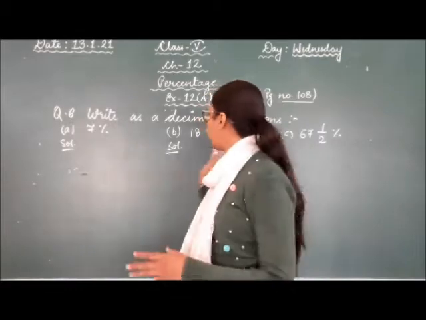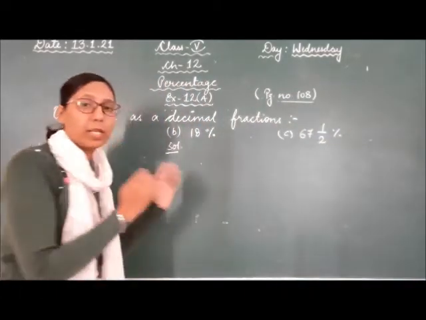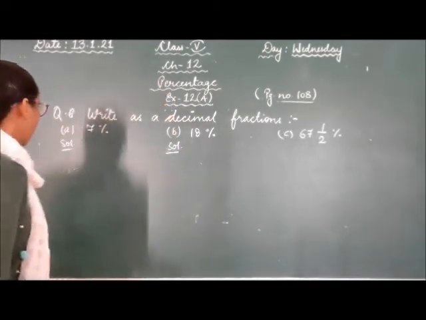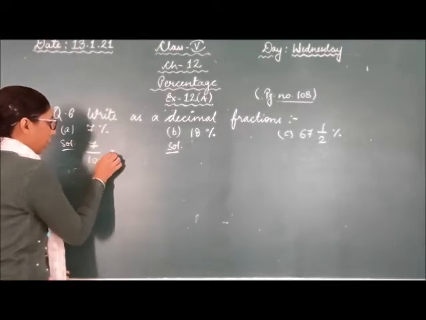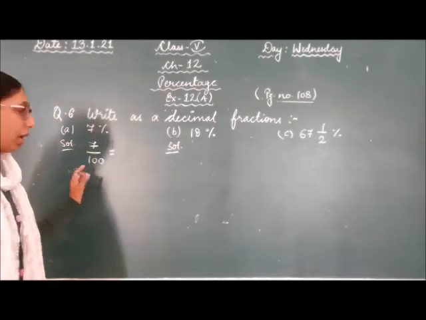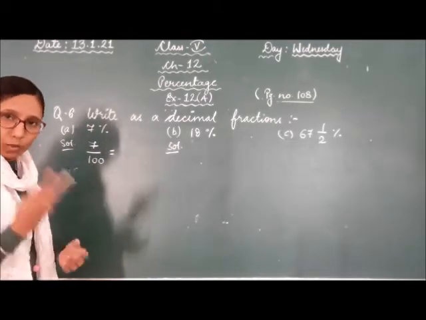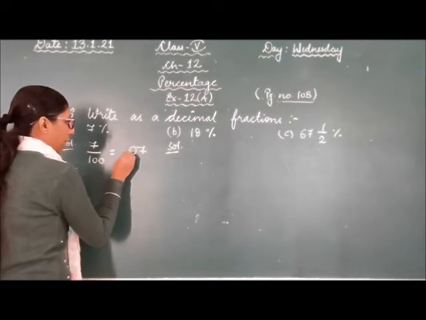In question number 6, it is given right as a decimal fractions. Now here the values of percentages are given, and we are going to change it to decimal fraction. That means we have to change it into decimal numbers. So first of all, 7% can be written as 7 by 100, and this 7 by 100 has 2 zeros in the denominator. We are going to put a decimal point 2 digits before. So 7 is already there, and 1 digit extra will be this 0.